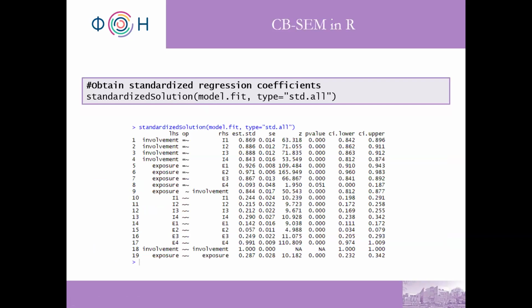So again, we will have the set values and p-values, but we will have the standardized coefficients as well. So as we said, you can present just the standardized or just the unstandardized. It's up to you when it comes to that aspect.